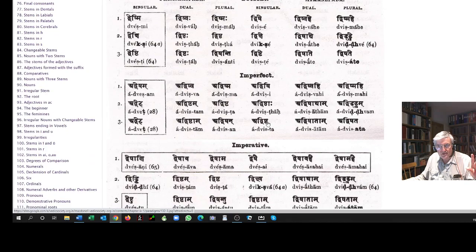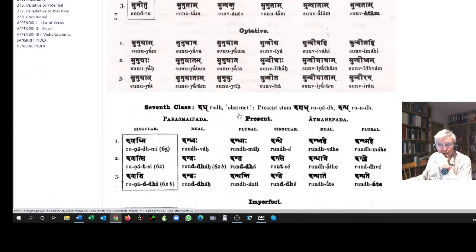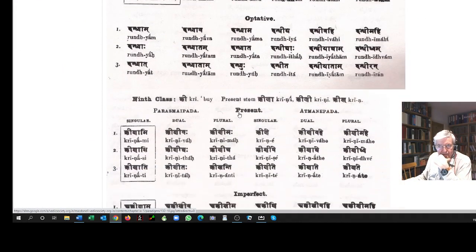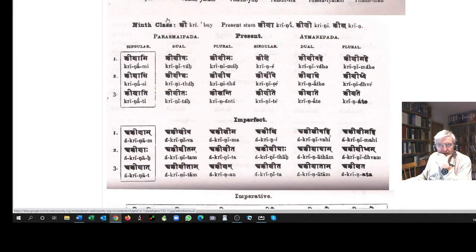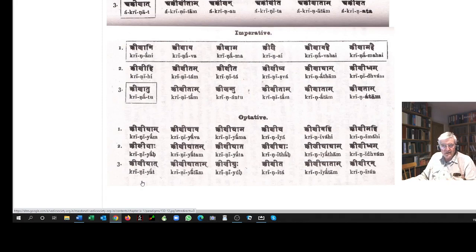For example, I'm going to scroll down to, let's look at one that might look a little bit intimidating for you. Kri, look at that. 9th class Kri, look at all these different forms here. Kriniyat, for example, krinitna.